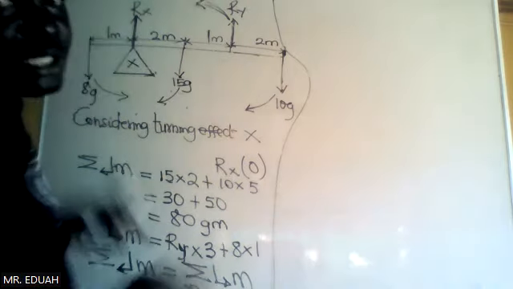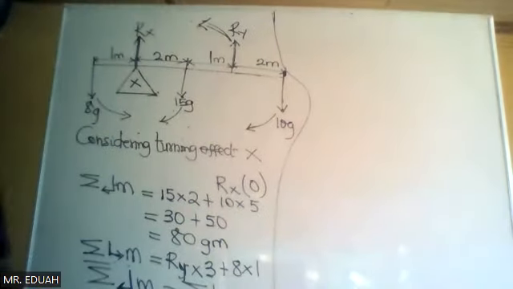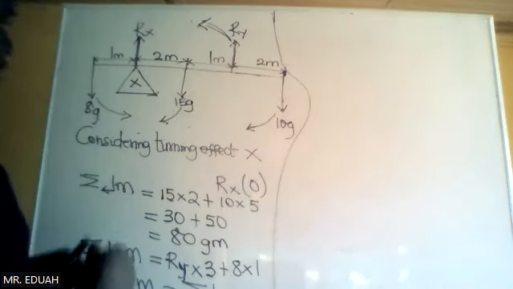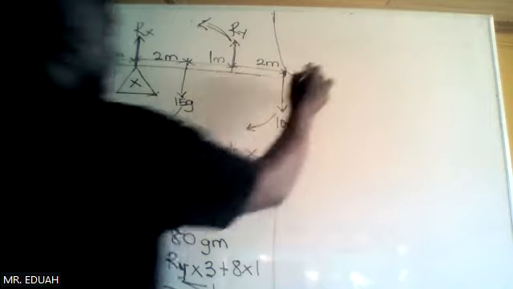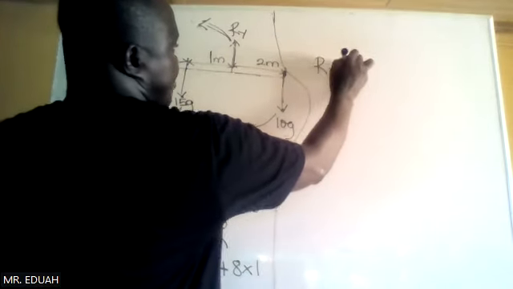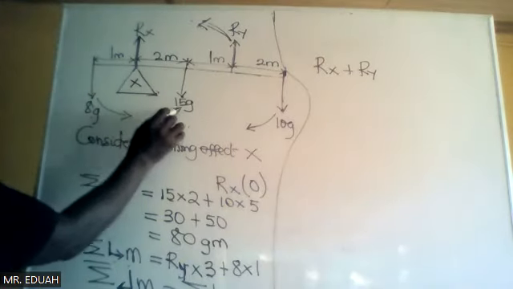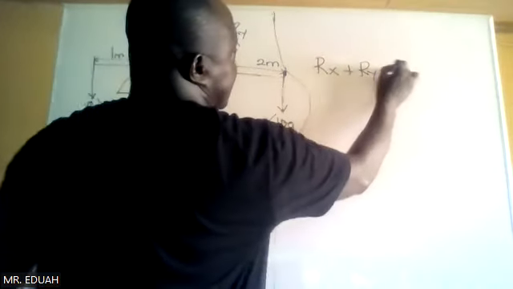The sum of upward forces or masses must be equal to the sum of downward forces. So Rx plus Ry, then they equate it to 8 plus 15 plus 10.